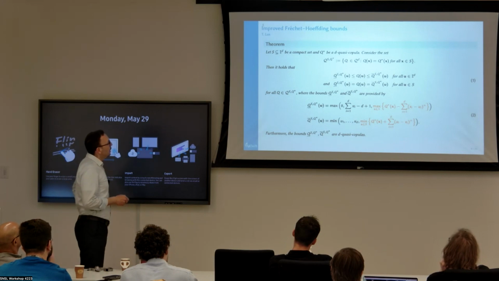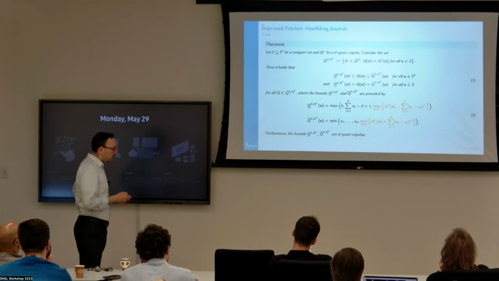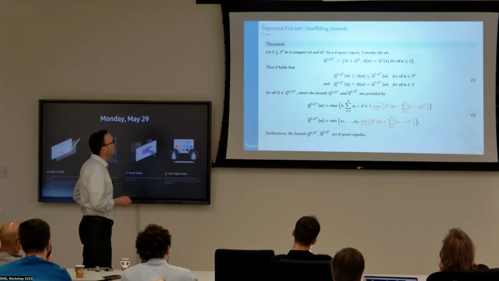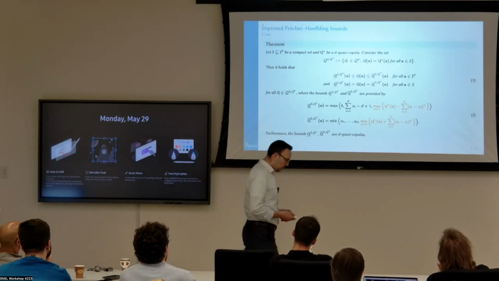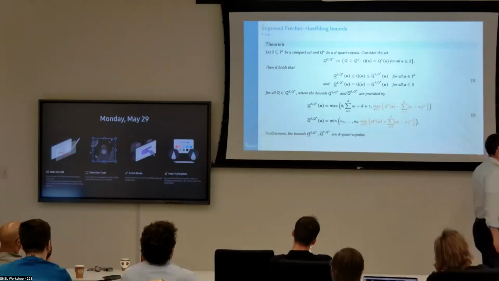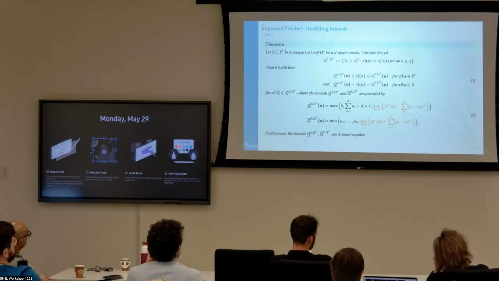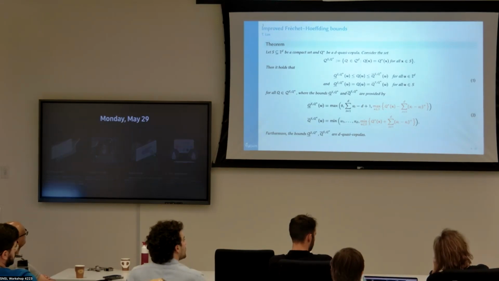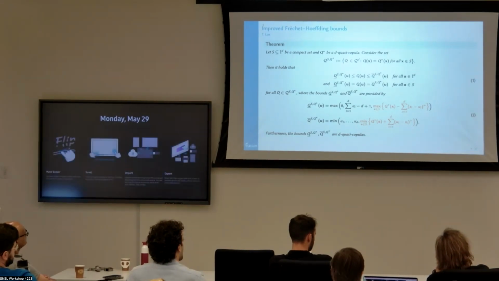Let us consider the following setting. What is the partial information that Tankov was interested in? Let's say this is the domain where your copula is defined, and you assume that you can find some subset S of this domain, and then for every point in S, you know the copula of this point.